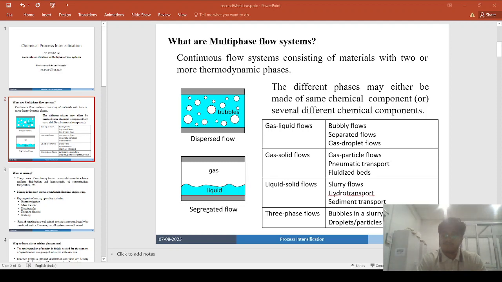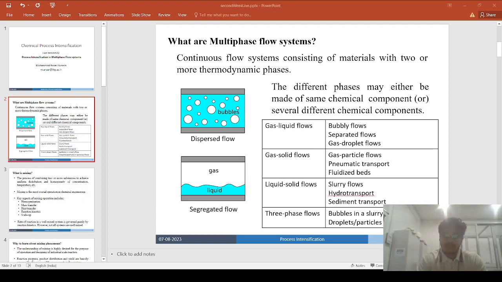Another example would be the crystallization of solids that are suspended in the liquid. You can grow crystals, and you might have seen the growth of copper sulfate crystals in the copper sulfate solution. That is an example of a liquid-solid system.